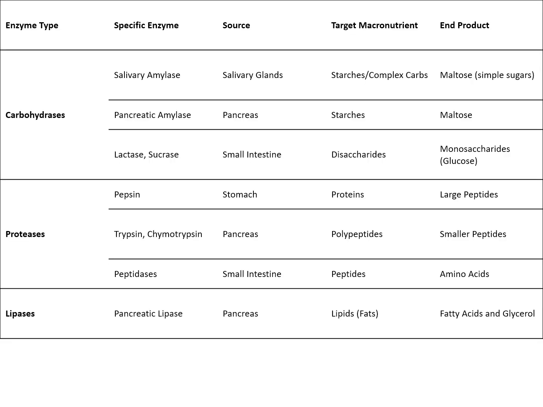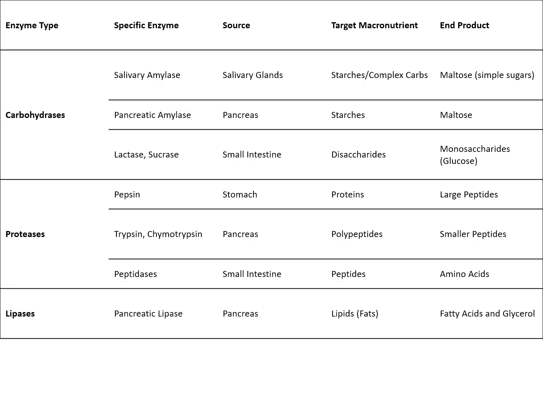And then here is a summary of the different enzymes involved in digestion, each of which has its own target macronutrient and end product. For the carbohydrates, we have amylase, sucrase, and lactase.